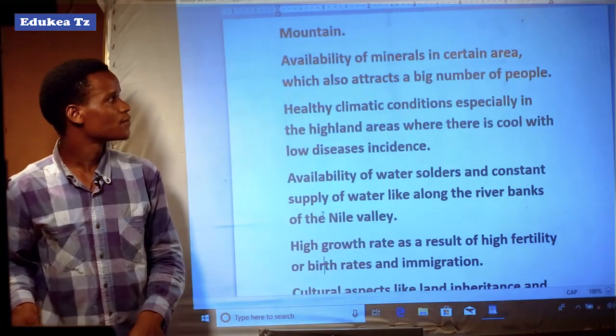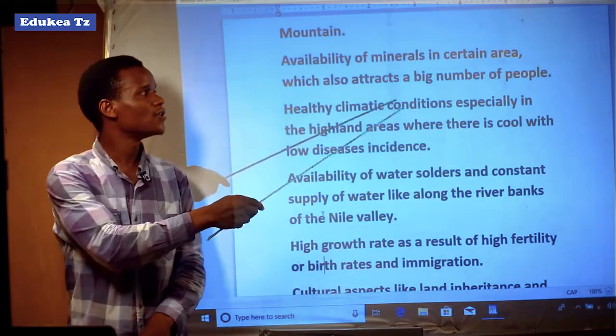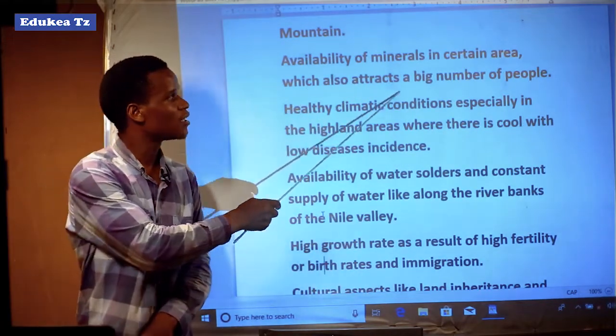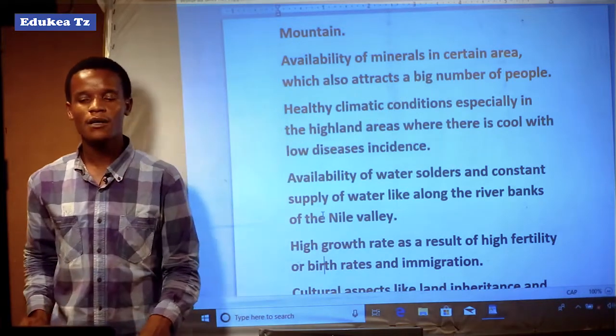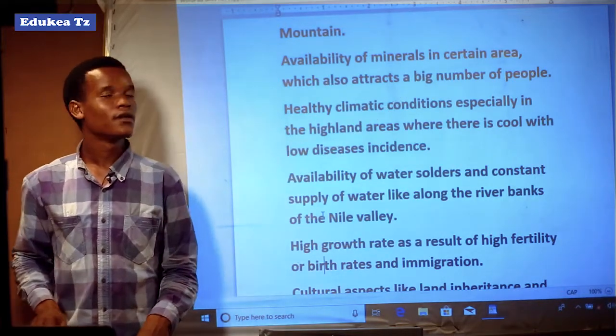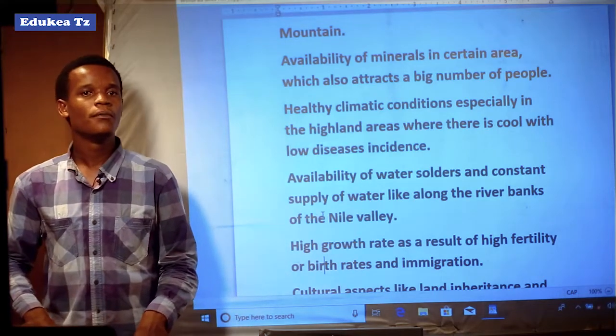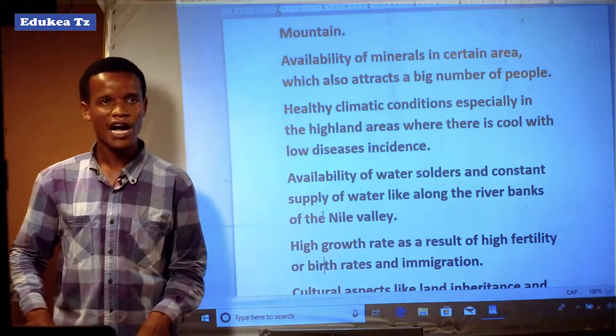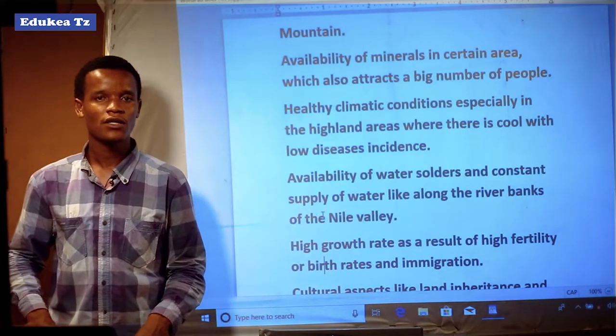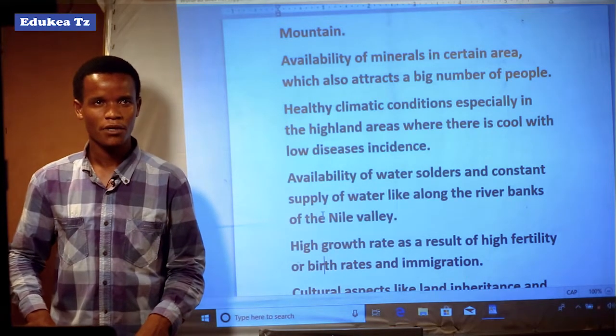Another point is availability of minerals in a certain area, which also attracts a big number of people. With the availability of minerals, people can engage in mining activities. So due to the availability of minerals, that area has a large number of people compared to areas that do not have minerals.